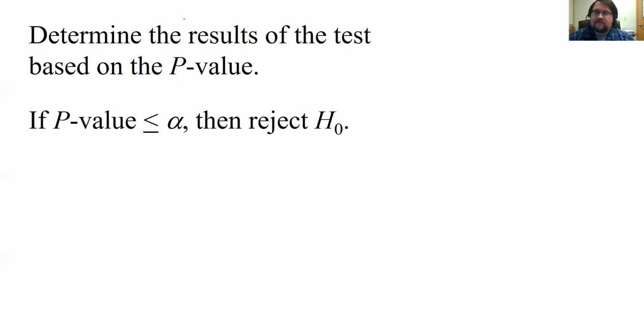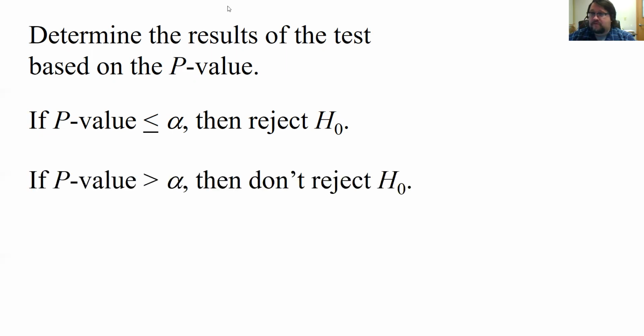And so I get a p-value that says you would only get this value 2% of the time or less. I'm willing to be wrong 5% of the time, so I don't think the null hypothesis is true. It's only 2% likely this would actually happen. That falls within that range. So that's what this comparison is talking about.